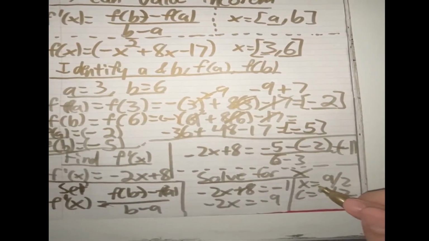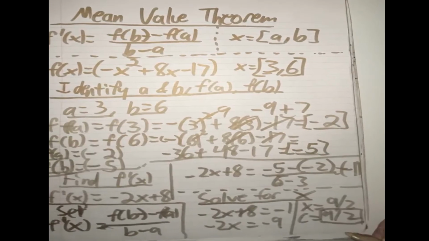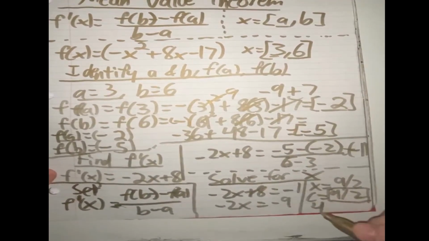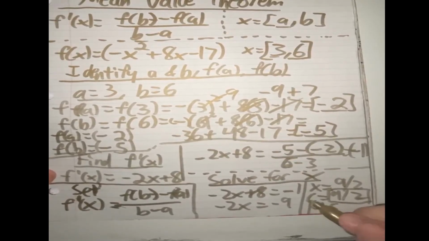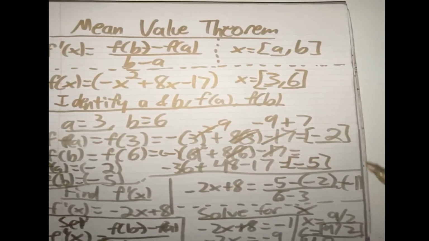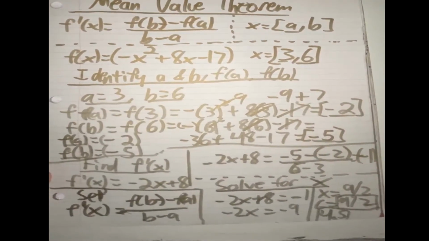And our c, 9 over 2, is a fraction that is equal to 4.5. And since our c falls within the bounds of a and b, it satisfies the mean value theorem.